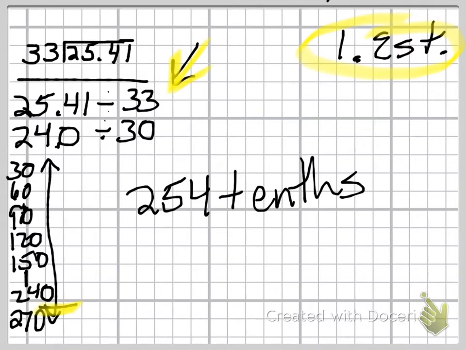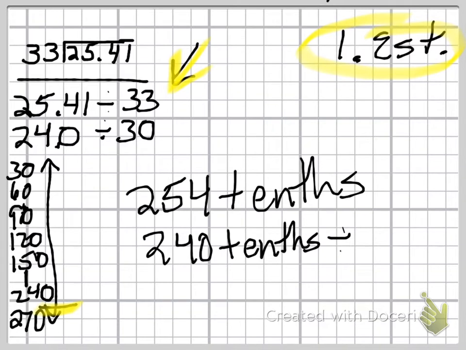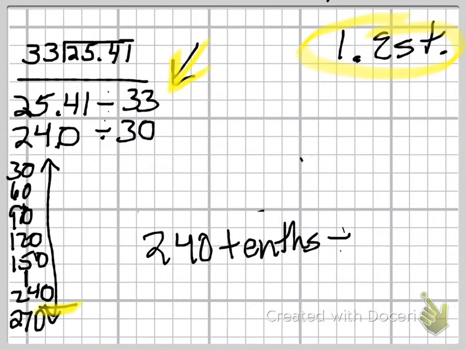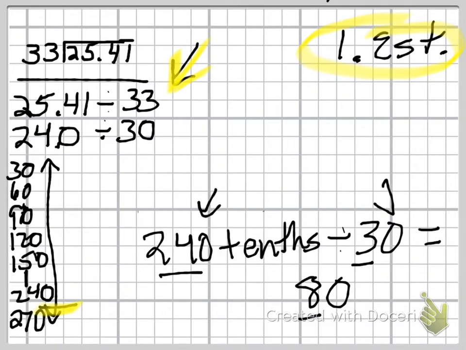So if I have 240 tenths divided by 30, I come up with 80, but I'm dividing 24 divided by 3 equals 8, and then I have 1 power of 10 here and 1 power of 10 here, so I won't end up having to add any powers of 10.